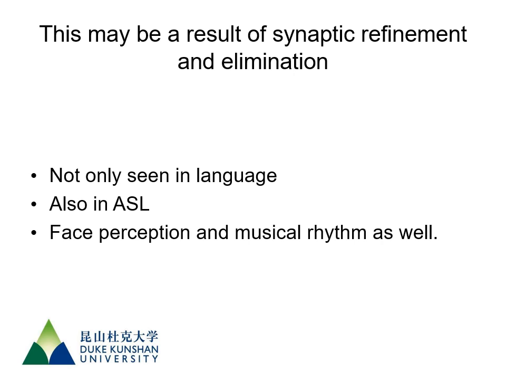Another thing is that you also see this in face perception as well as musical rhythm. So it's really amazing that infants begin to specialize in their discrimination of speech sounds, retaining their sensitivity to sounds in the native language while becoming increasingly less sensitive to non-native speech sounds.